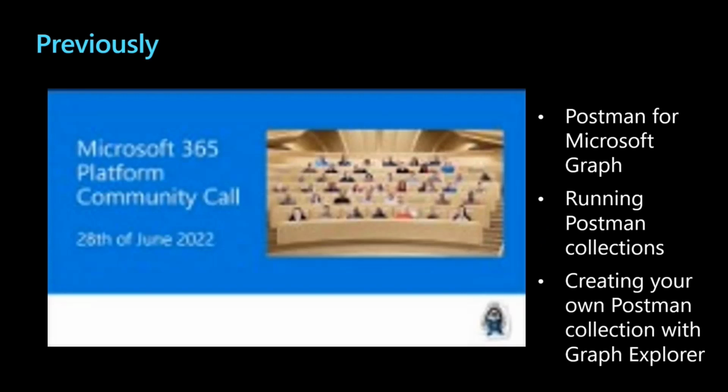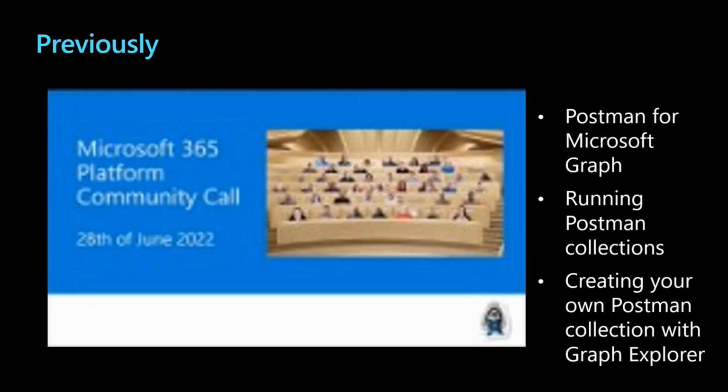I forgot to mention, this is actually the third or fourth session of a series we did on Postman and Microsoft Graph. Before the summer break, in the previous sessions, we went through what Postman is, how you can set up an Azure Active Directory application and then authenticate to be able to use the Microsoft Graph collection.